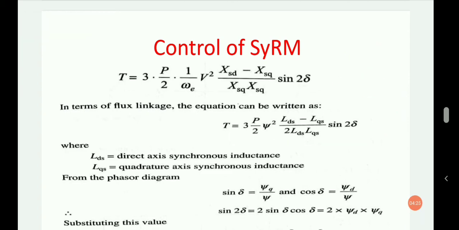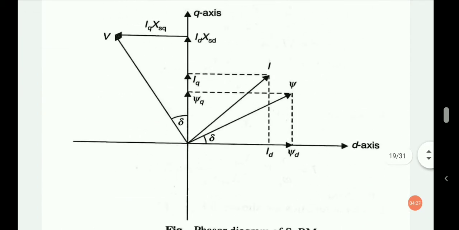From the phasor diagram, here del is shown.